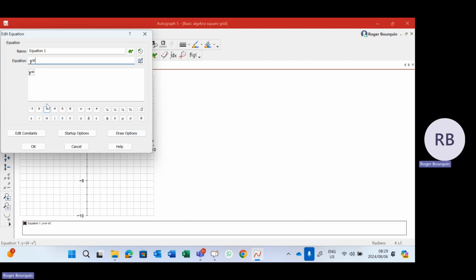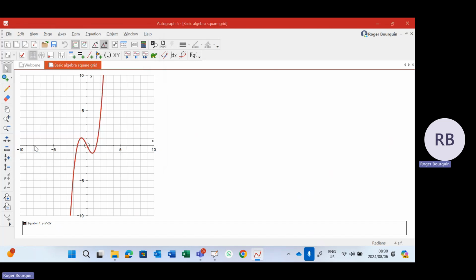I'm just going to show you something here. I gave you this graph, guys. Here's the graph of y is equal to x cubed minus 2x. So if I wanted to shift that 5 units up, what equation would I enter? I'd enter another equation.